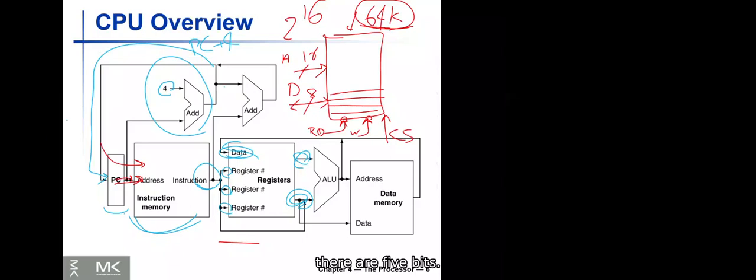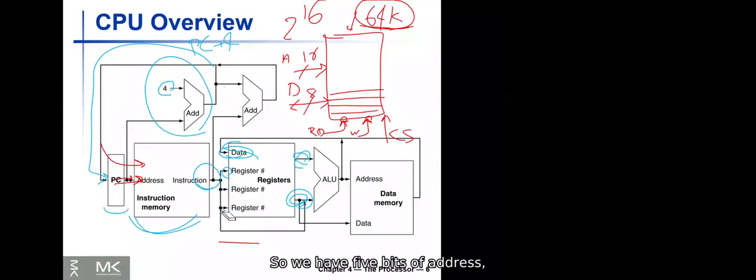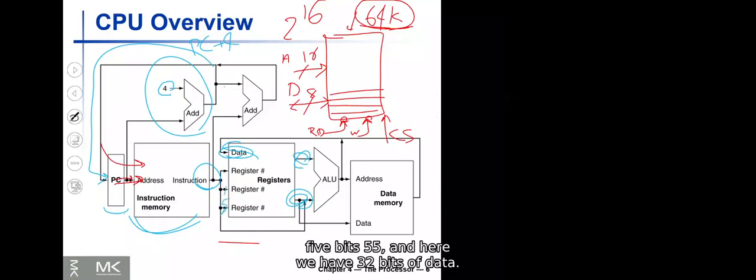They are 5 bits, because we have 32 registers. So we have 5 bits of address, and here we have 32 bits of data. The data is 32, the address is 5.